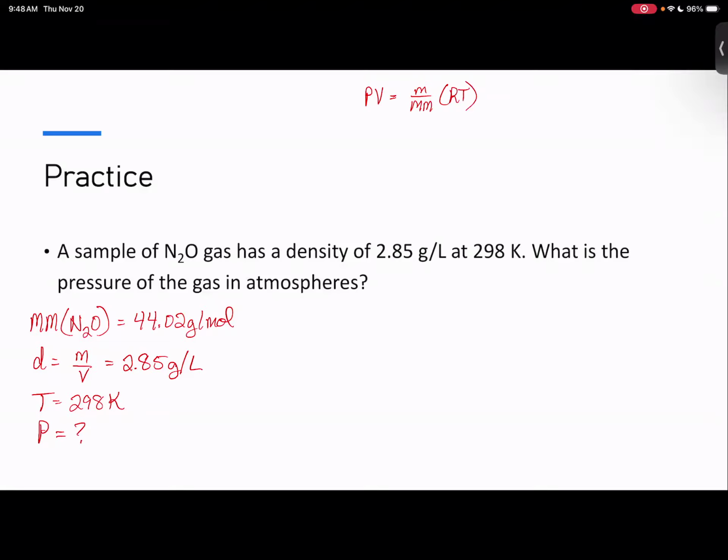If I divide both sides through by V, I get P is equal to the mass times RT divided by the molar mass times V. Now, M over V is equal to density. So this comes down to the density times RT over the molar mass is equal to the pressure.